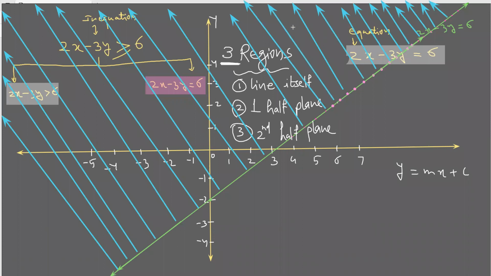And the next is this half plane, the second half plane. It should not touch the line, because the line is a different set of points. See, this half plane. I hope you followed it.